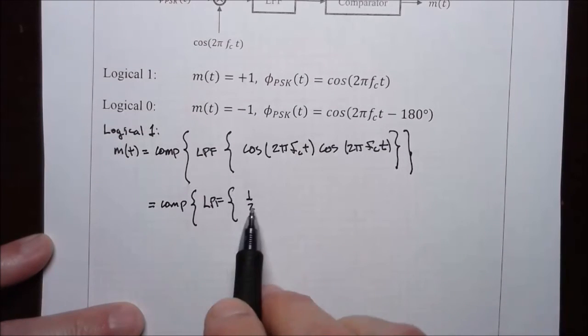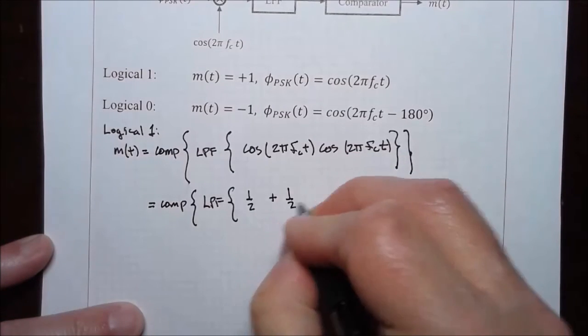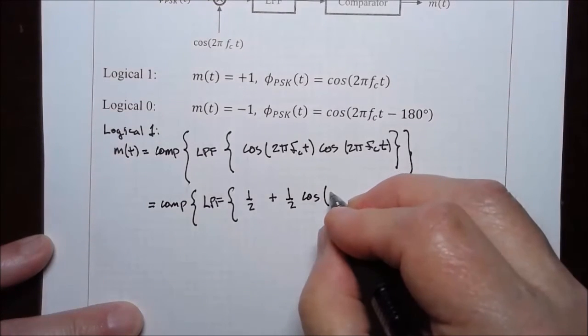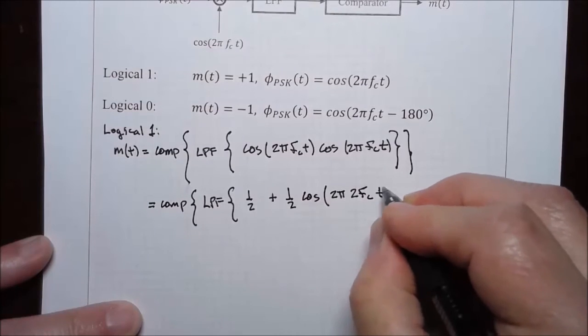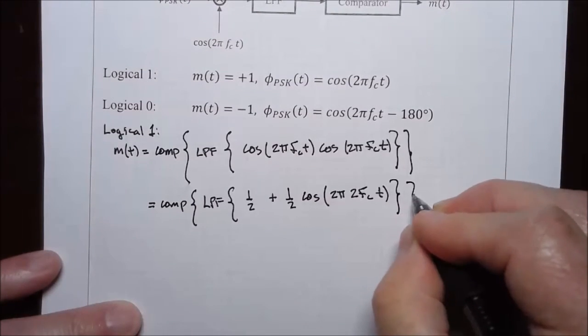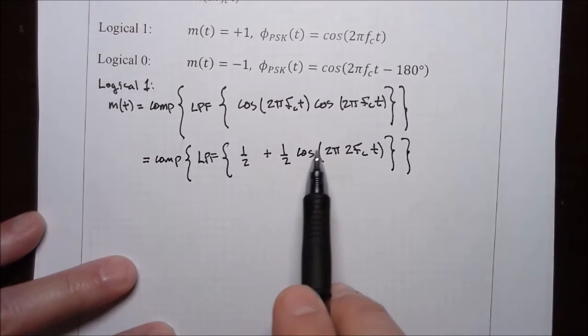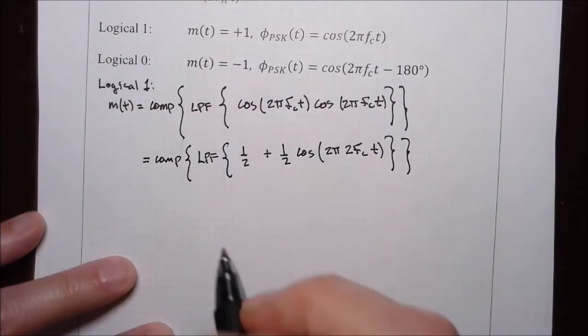Cosine of 0 is 1, so that's simply 1/2, plus 1/2 the cosine of the sum of the angles, which is 2 pi times 2 fct. Then the low-pass filter has a bandwidth that will eliminate this high-frequency component.